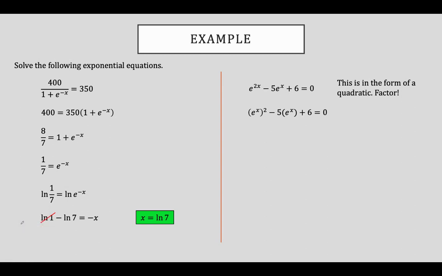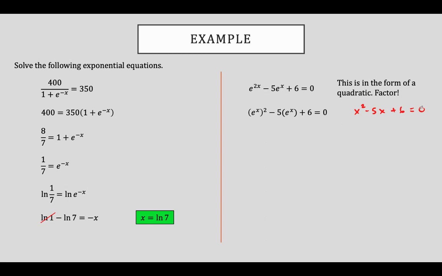Now, if you're having a little bit of trouble trying to figure out how this is going to factor, you can think about what this would look like if instead of e to the x's, we just had x's. It would be x squared minus 5x plus 6 equals 0. And what would this factor into?